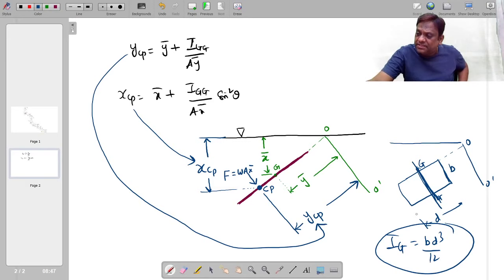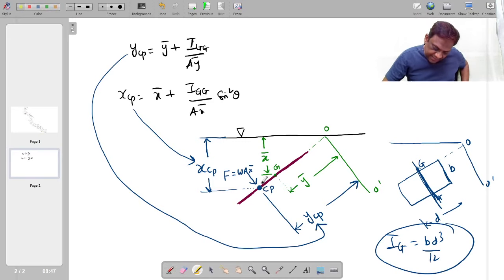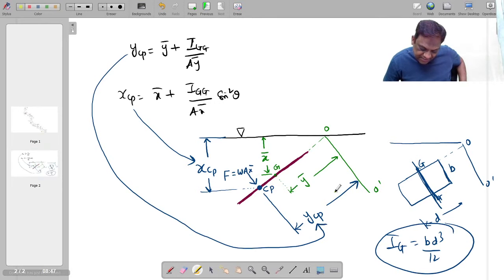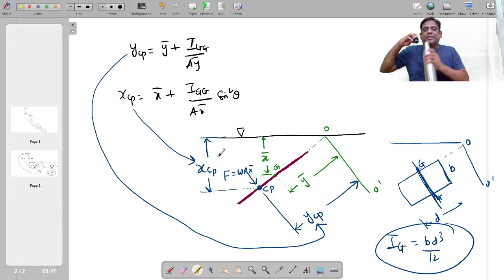So I can express the position of center of pressure either in vertical fashion or in inclined fashion. If it is inclined, it will be YCP. And if it is vertical, it will be this. Please tell me, is it clear?